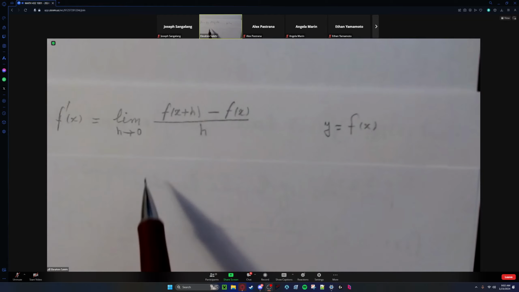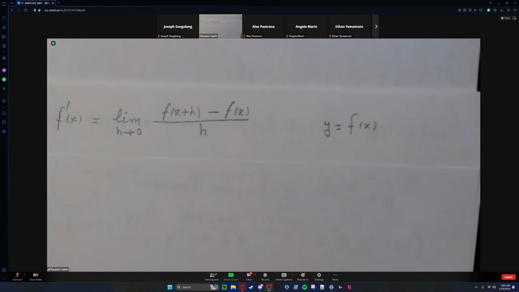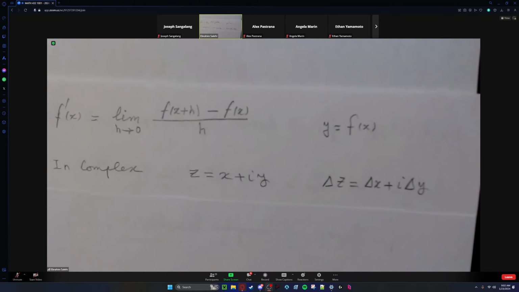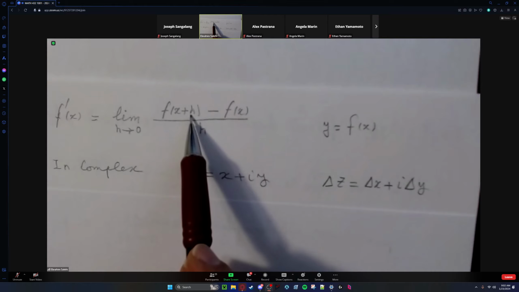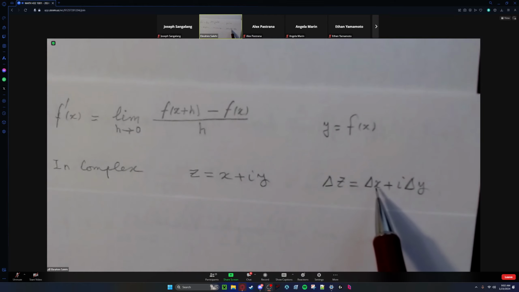We are going to adopt the same definition in complex. So if you have a function of a complex variable, this is the variable. Instead of h, now we are going to have delta x plus i delta y.